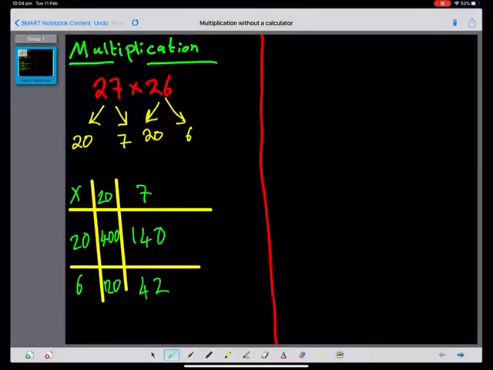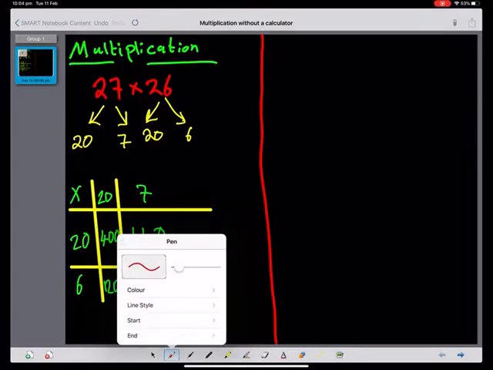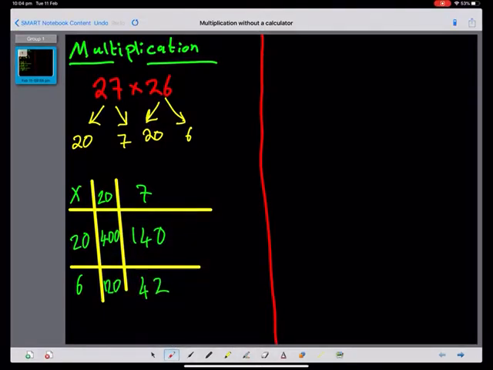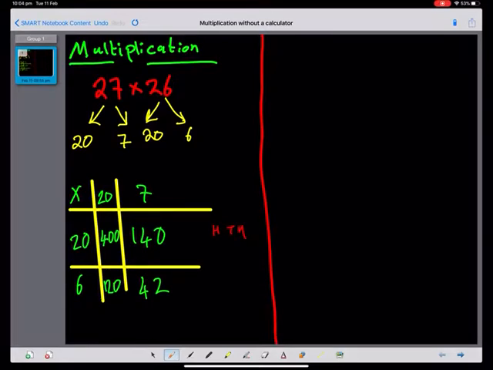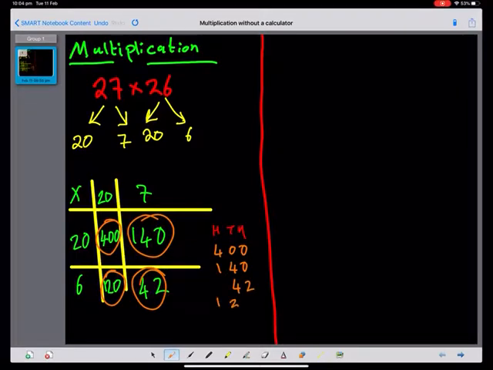Okay, so we need to use our addition algorithm. So we've got hundreds, tens, and units. So we're adding up these products. So we've got 400, 140, 42, and 120.